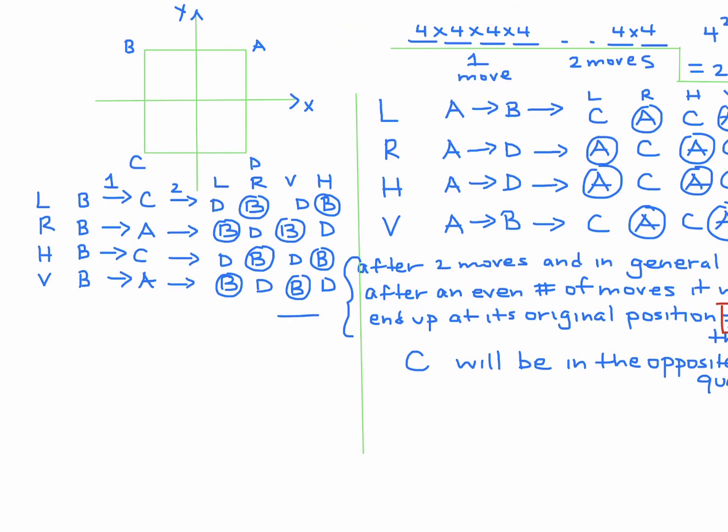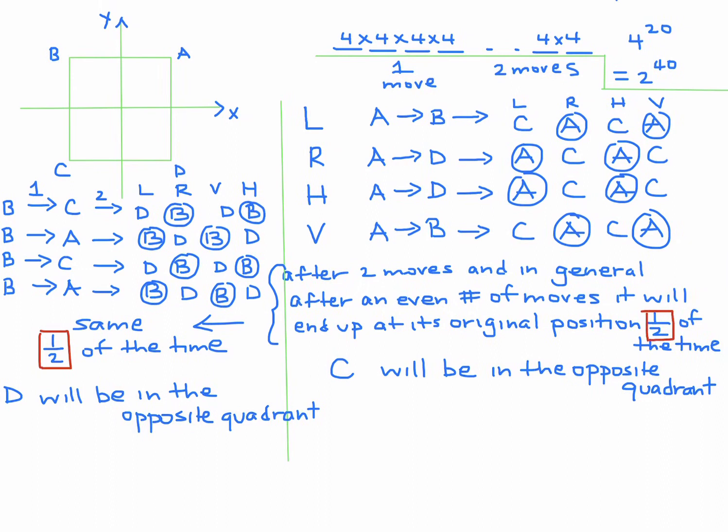So the same story here. 1/2 of the time you will be back into the original position. Okay, and just for the sake of completeness, I've got to write in, just like how I did here, that D will be in the opposite quadrant.